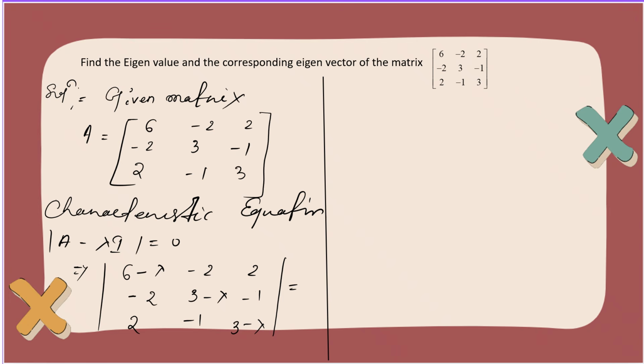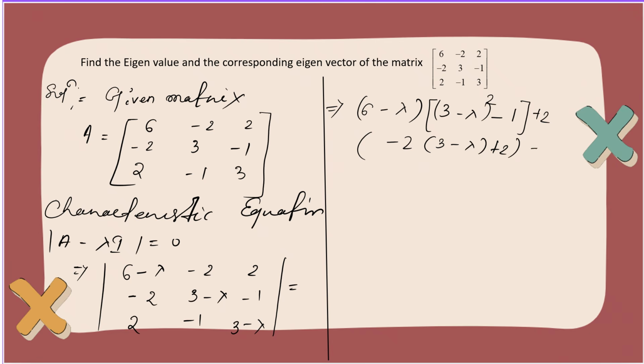So now you have to solve this. Find the determinant. It is nothing but (6 minus lambda) times ((3 minus lambda) whole square minus 1), plus 2 times (minus 2 into (3 minus lambda) plus 2), plus 2 times (2 minus 2 into (3 minus lambda)), equal to 0.